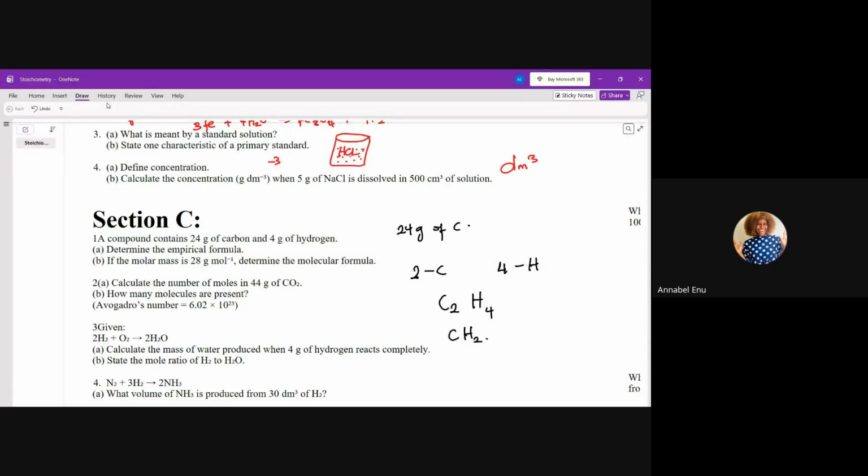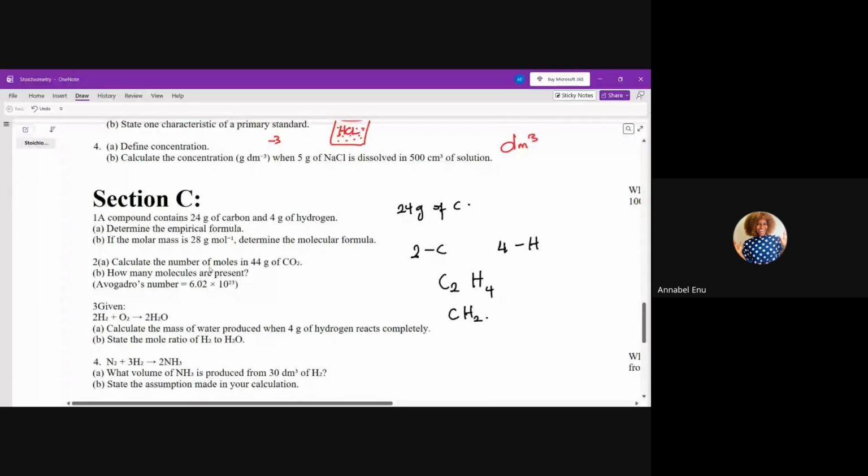But in this question, we are not given the amount of each element in percentage, or the total mole. We have already skipped that first step. This is now the second step. And then to look for the molar mass, we have the molecular formula from the molar mass. We already did this earlier on.